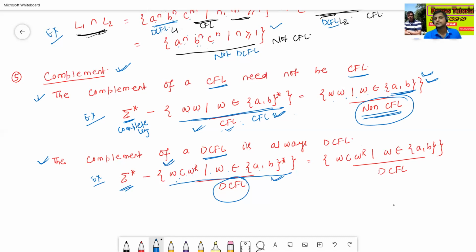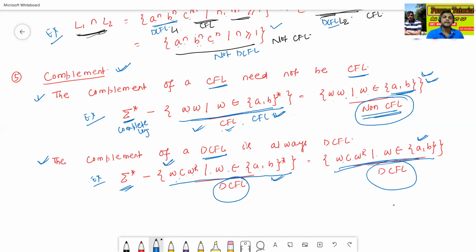But this language is also a DCFL language, a deterministic context-free language.